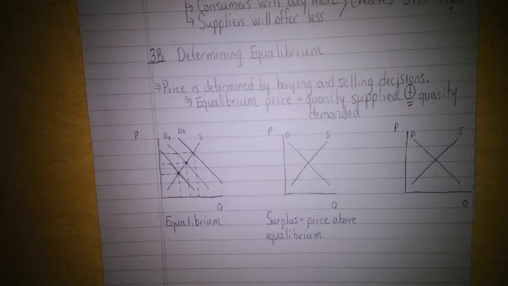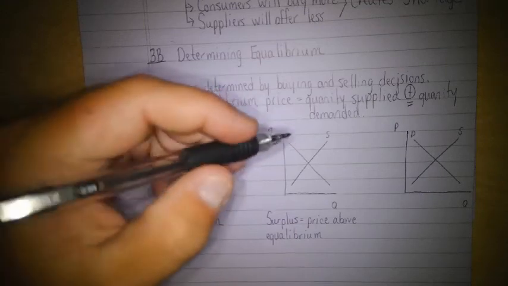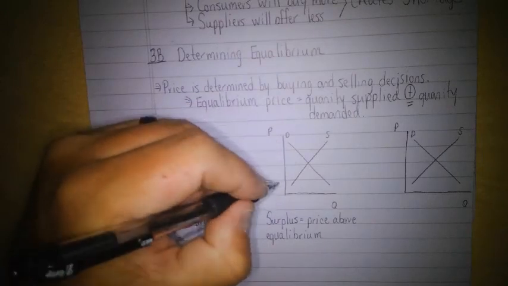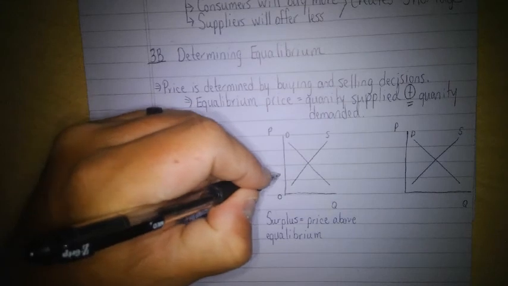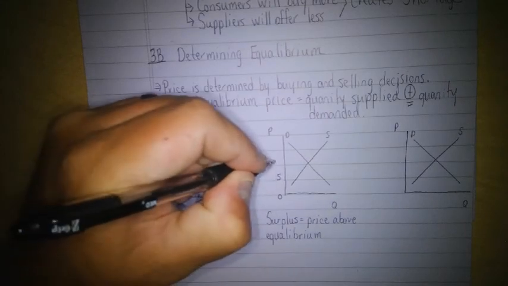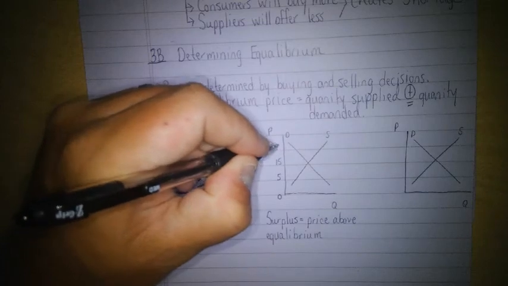You guys with me? Now, to see that on a chart, here's what we've got to look at. It says when a surplus exists, prices will decrease until they reach equilibrium price. And I'll show you that in a second. All right. So what they're saying is, let's say I'm going to draw some numbers here just to make this realistic. 0, 5, 15, 30.